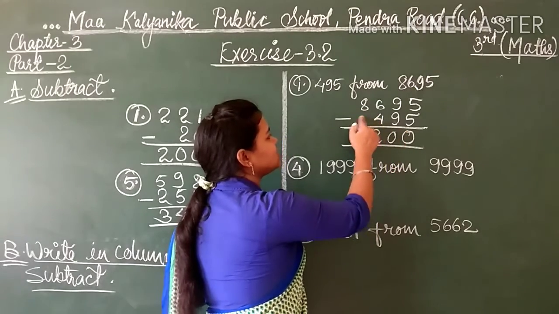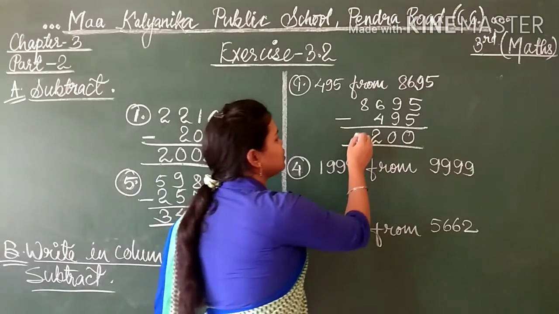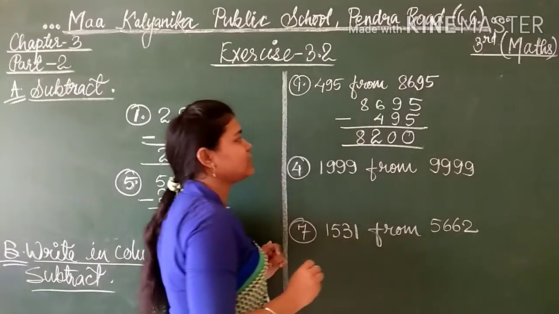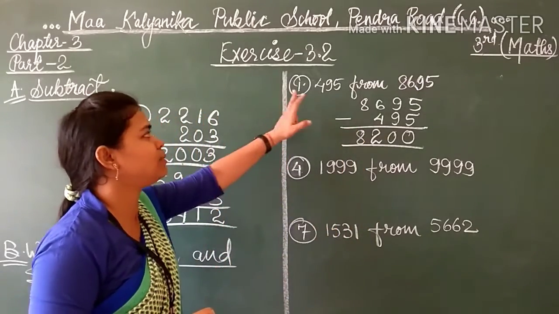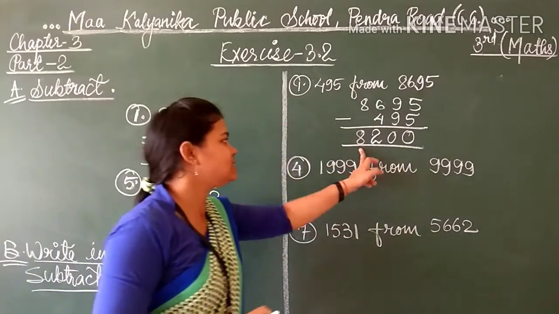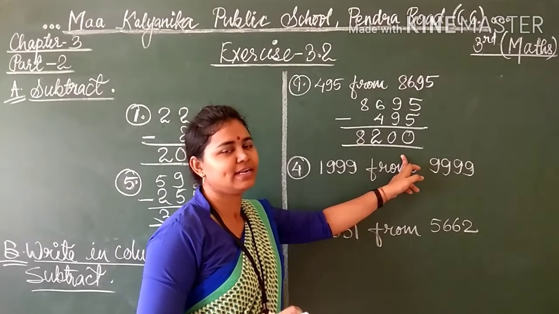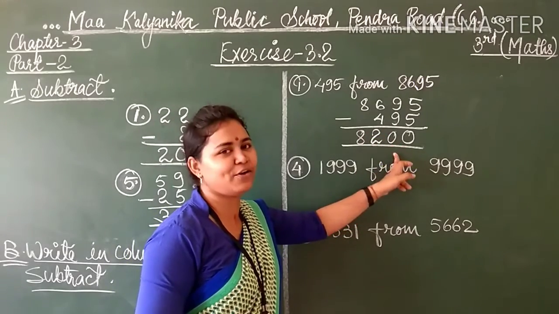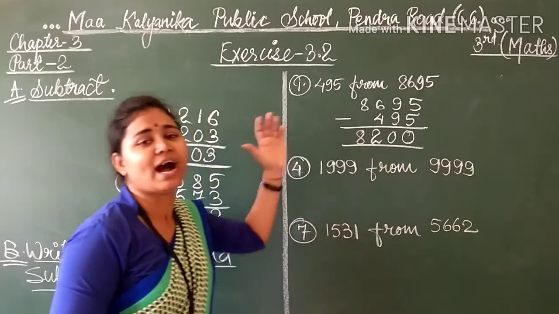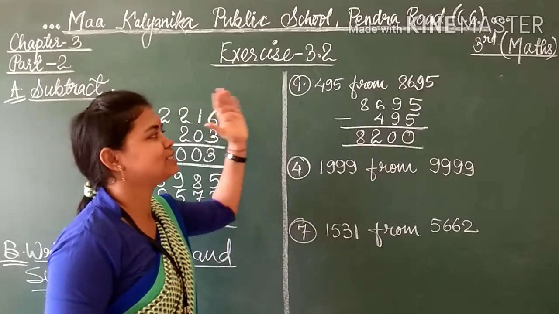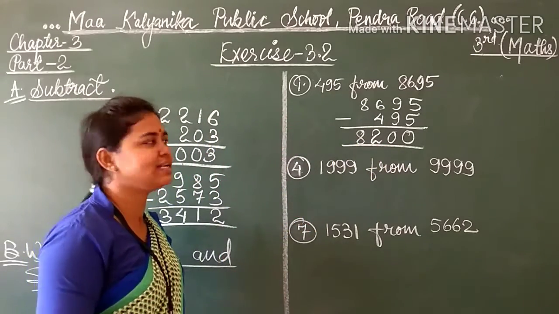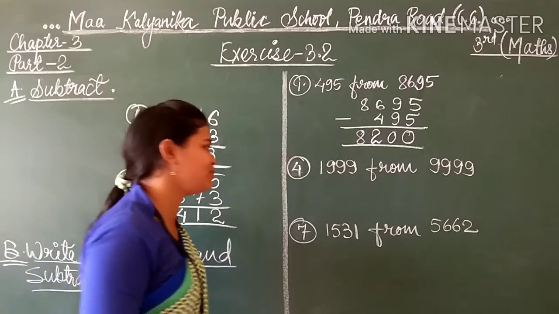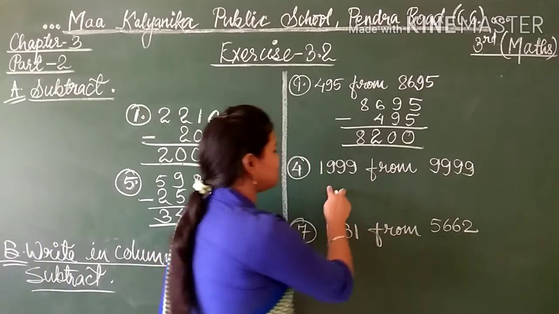And then 8 minus nothing means 8. So the answer received in question number B1 is 8200. I hope it is very easy for you after solving 3.1, because the same type of question, same pattern is there, only the digits are increased. Now moving to the next question.